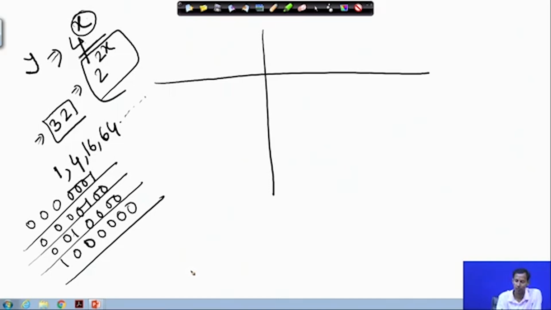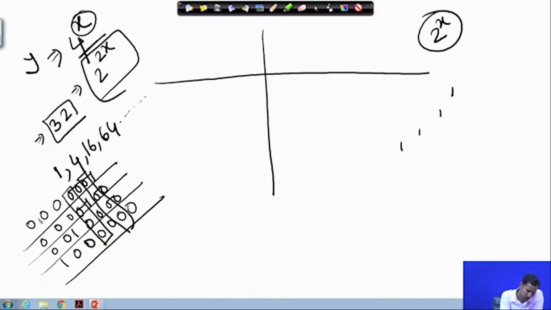So, again, from the 2 to the power x function we have derived, what was the logic there? It is changing 1, then 1, then 1, then 1, something like this. But here if you see, this position is 0, this position is 0, this position is 0.